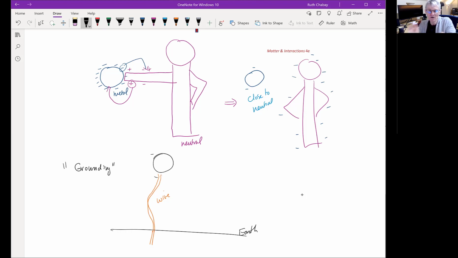You can make a current in there, and that will fry them, and then they won't work, and that's undesirable. If you touch something large enough and made of metal, any small charge you might have on your surface can spread out into the metal. So we call it neutralizing.